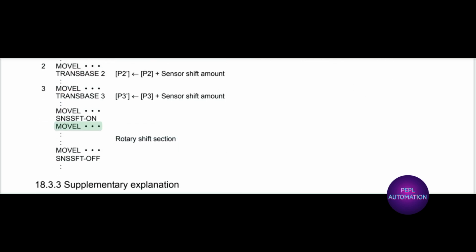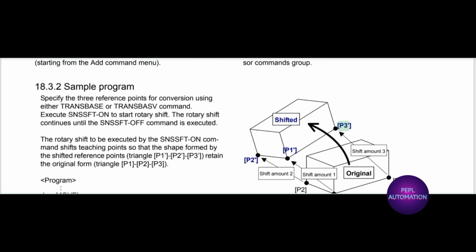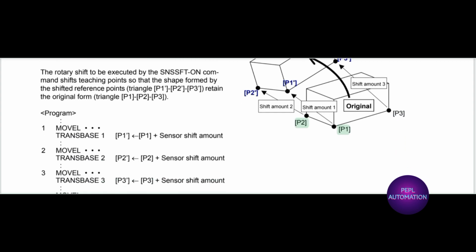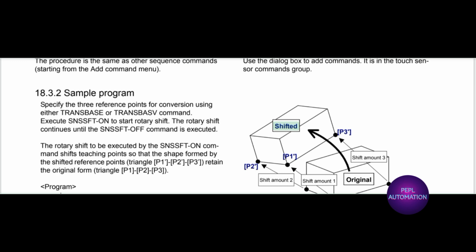Rotary shift section, MOVEL, MOVEL, SNSSFT off. P3, P1, P2, P3, P2, P1. Shift amount 2, shift amount 1, shift amount 3. Original. Shifted.